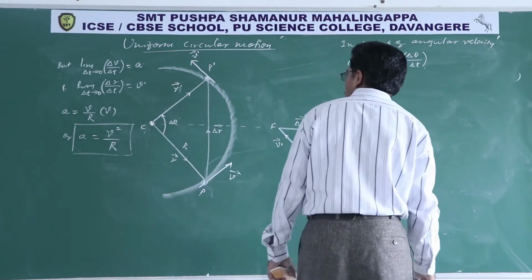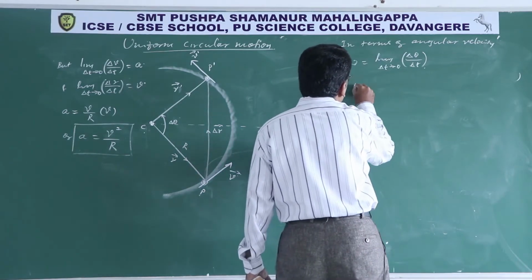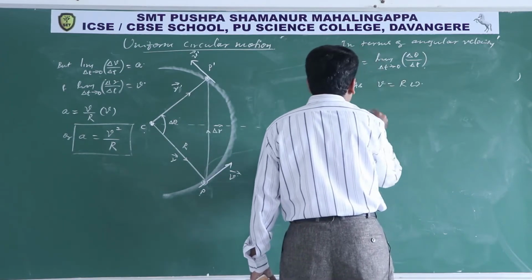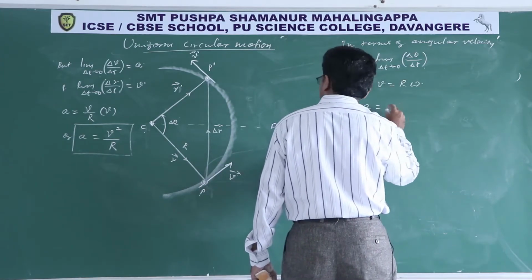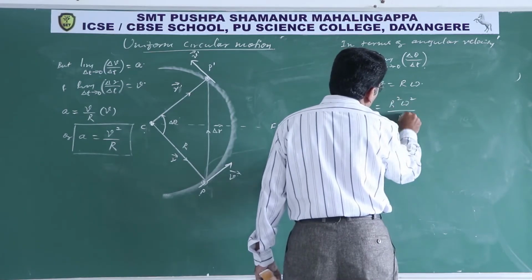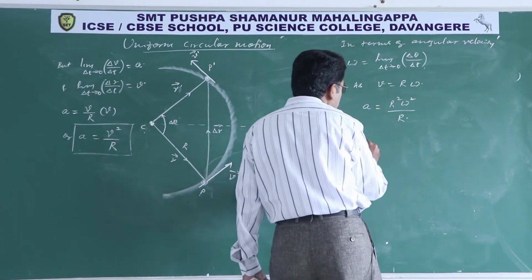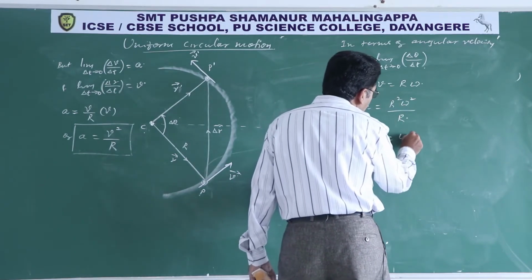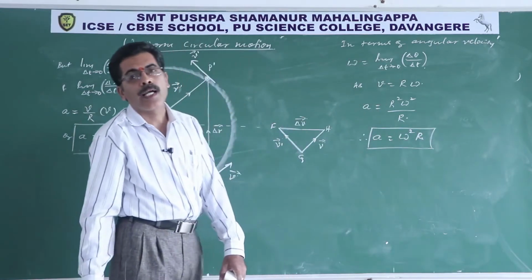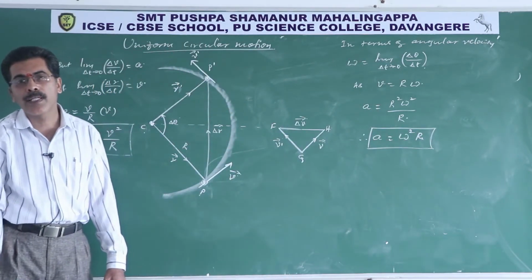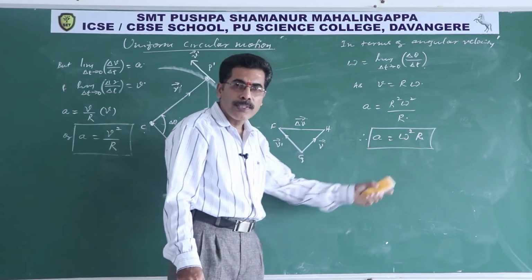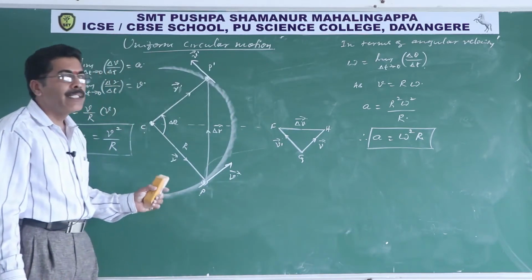We can write v is equal to r omega. We can write a is equal to r square omega square divided by r. The r got cancelled, therefore a is equal to omega square r. So this is another expression for centripetal acceleration. You can represent it either in terms of angular velocity or in terms of linear velocity.